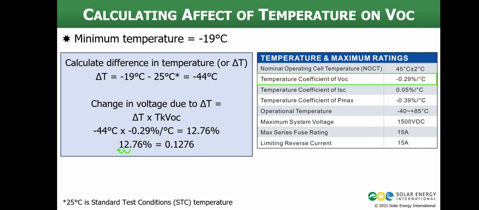So the decimal equivalent of 12.76% would be 0.1276, which is what we will use to calculate the actual voltage of this module in the next slide. Because we don't want the percentage, we want to know what the actual voltage is. So in order to get that, we need to convert the percentage to a decimal first.